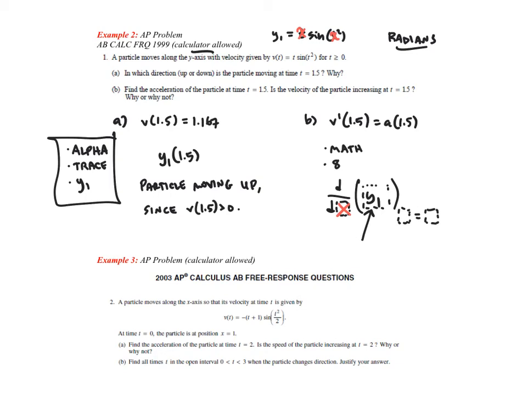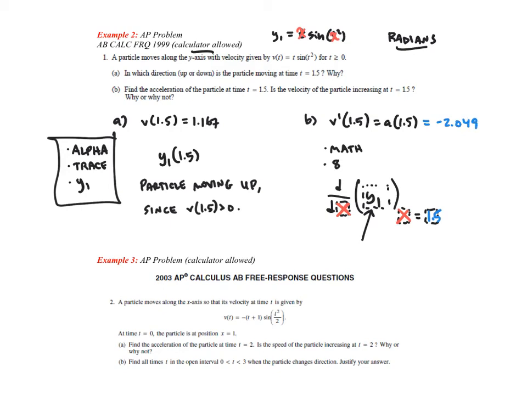When you pick this red x here, it will autofill that red x there. And then of course I want to plug in 1.5. This will calculate the acceleration at t equals 1.5. So that value, if I round to 3 decimals, comes out to be negative 2.049.